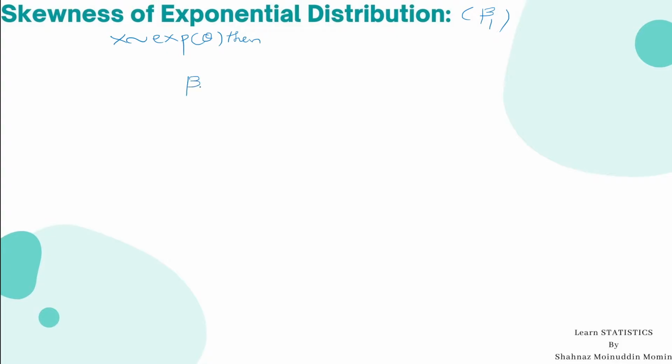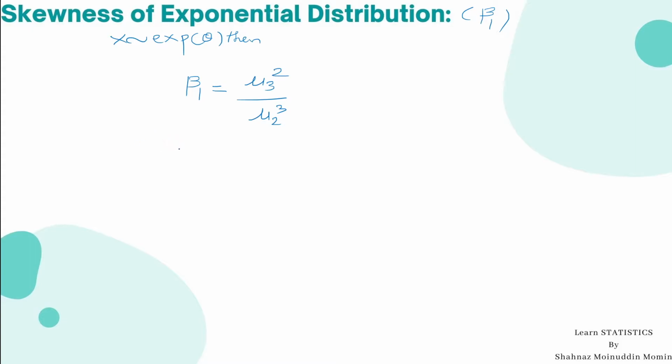So beta 1 is defined as mu 3 square divided by mu 2 cube, means it is the square of the third central moment divided by the cube of the second central moment. We have already learned the central moment in the previous lecture.